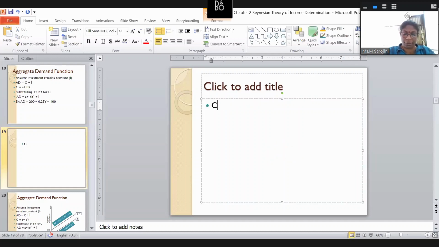C is equal to 100 plus 0.25y, I is equal to 500. Derive the aggregate demand function.